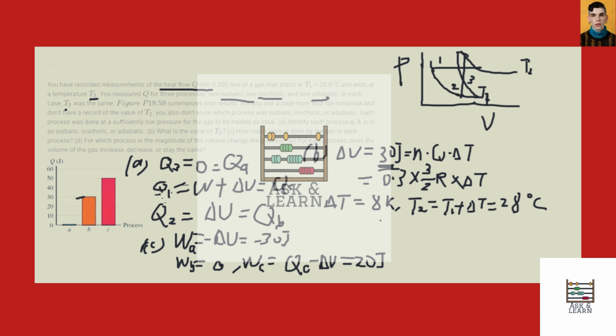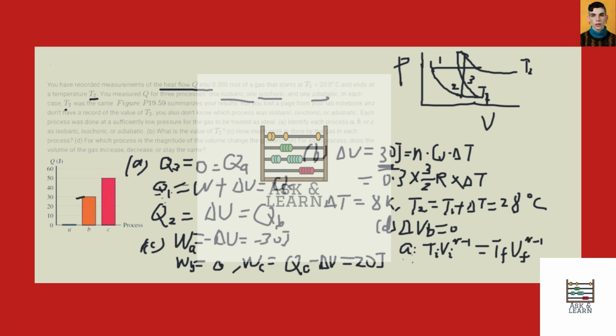And for part D, the simplest one is process B, because the volume does not change. So delta VB equals 0, so this has to be the smallest one. The problem is, what is the volume change for A and C? Remember, A is an adiabatic process. So for process A, T initial times V initial to the gamma minus 1 equals T final times V final to the gamma minus 1.